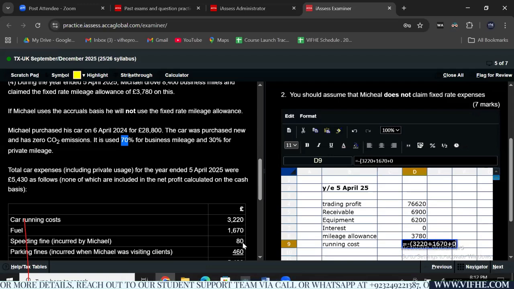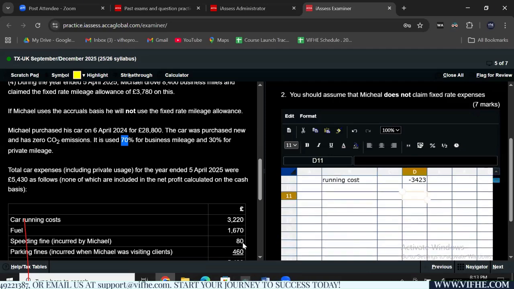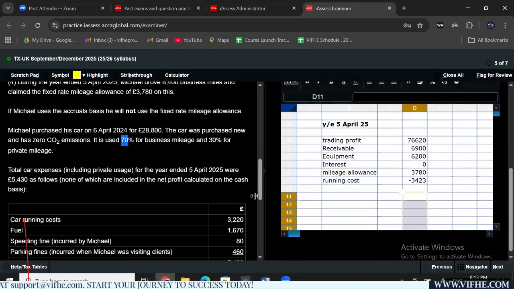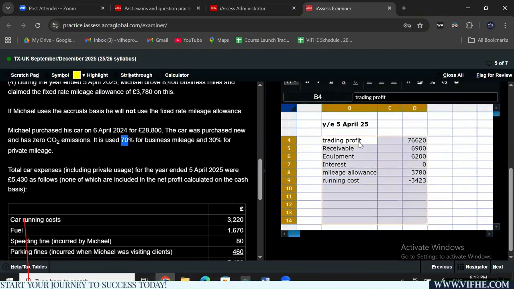The speeding fine is not taken into account. The car parking fine, as incurred by the self-employed person himself, is not going to be taken into account. Technically, I have just taken the car running cost and fuel, but that's also not going to be taken completely. Rather, only 70% of it shall be taken into account. So only 3423 shall be deducted. Is that clear? Are you all getting this point?